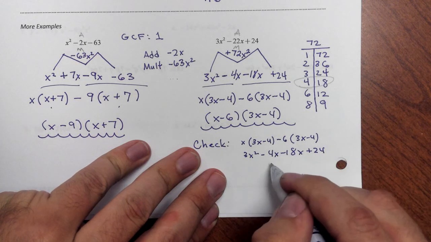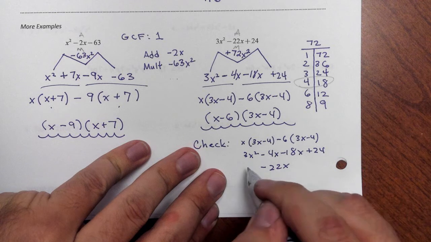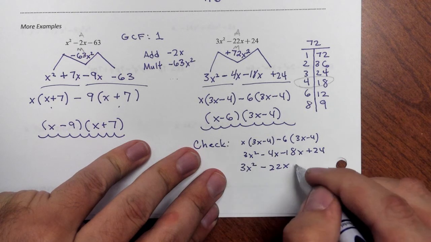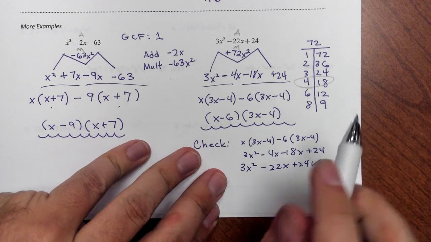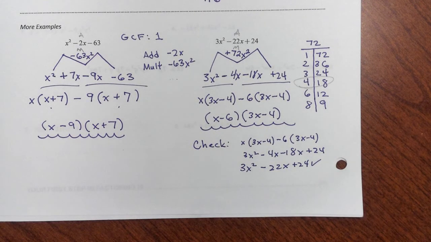Negative 4x, negative 18x is negative 22x. No other like terms to combine, and that is what I wanted. So I have checked my work, and I know that that is indeed the correct factorization. Hopefully this has been helpful.